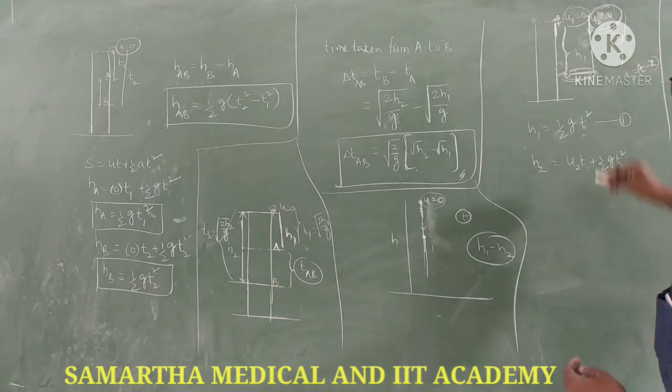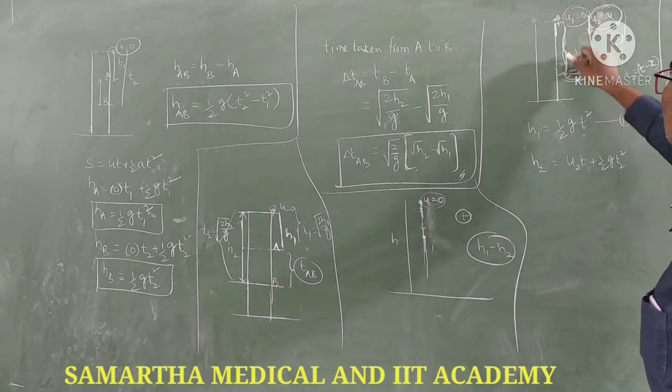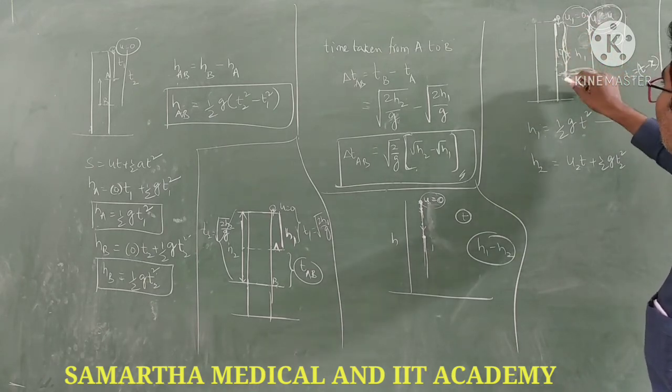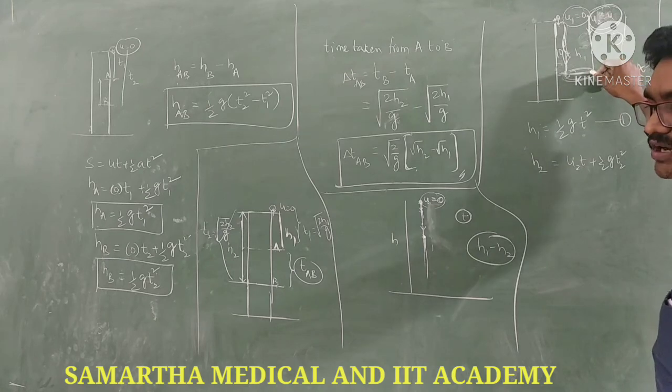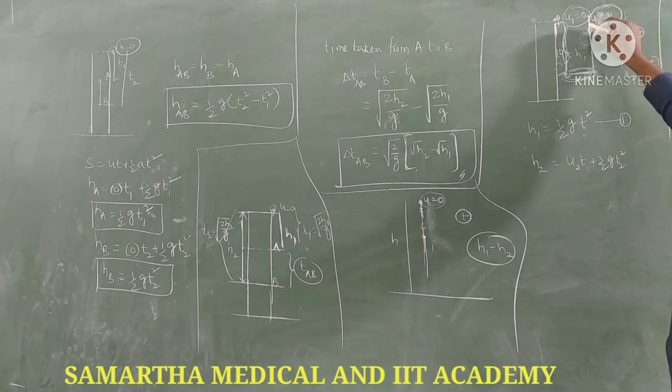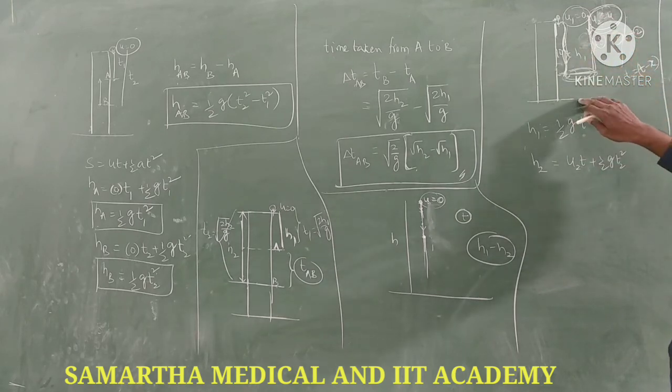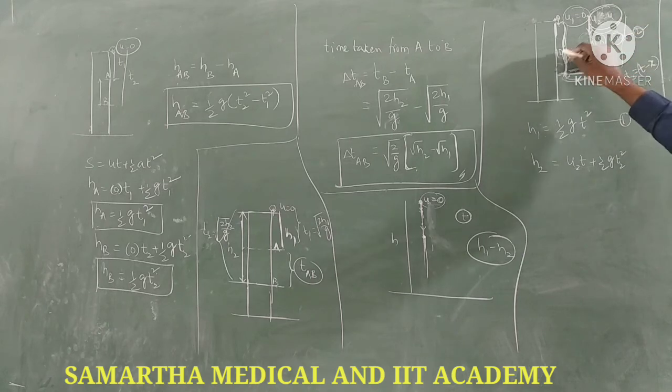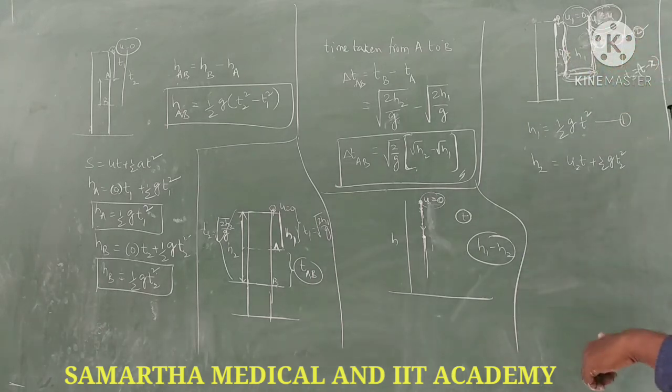Suppose I repeat, if it takes 10 seconds to meet, the second body which is coming behind, after 2 seconds of the first body being thrown, then the journey time for the second body will be 8 seconds only. Since 10 seconds, after 2 seconds I drop, 10 minus 2, 8 seconds will be the journey time for the second body which is thrown downward.